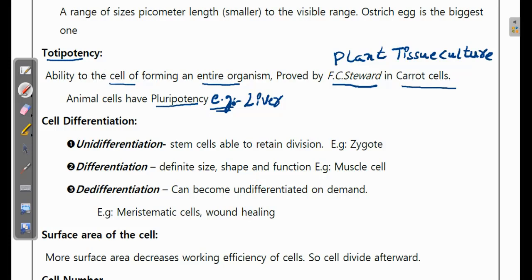Okay, next animal cells. The similar property is used. There are few exceptions. The organisms like the planaria. So we have an organism called planaria, which is an exceptional organism. It is able to grow its cut down parts.